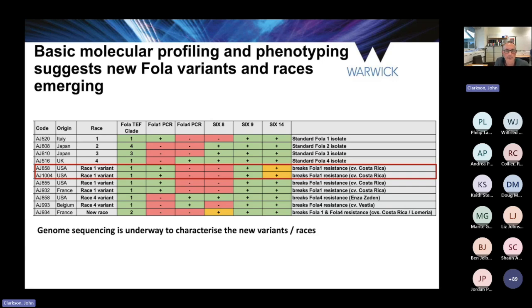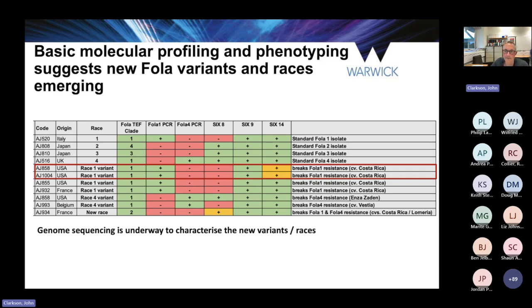They look like race 1 in terms of their test sequence, and they're amplified with the race 1 PCRs. But there was something funny going on around 6-14. At first, we couldn't detect 6-14 in these variants because the primers didn't work, so we thought it wasn't there, but then the internal primer suggested 6-14 was there. So there's something going on around that locus that was different.